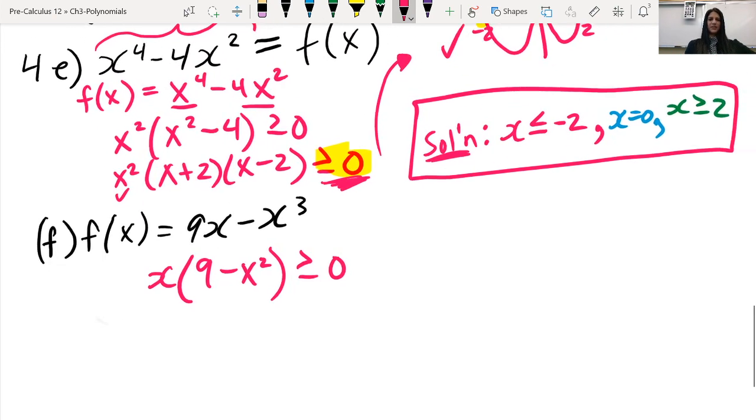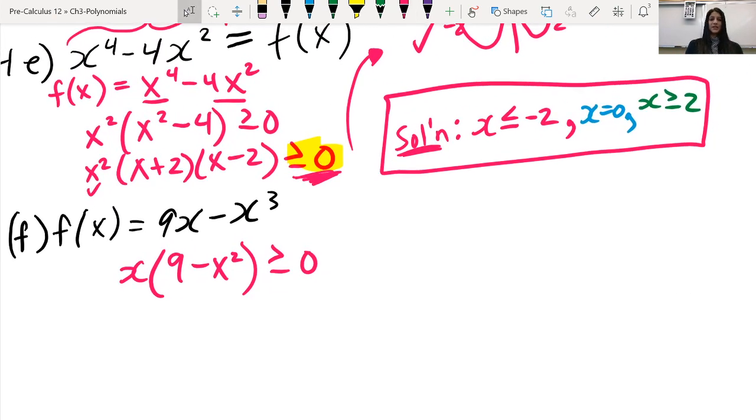Notice the pattern, we're doing exactly the same thing as in the last question. I'm going to take this factoring a step further. You don't have to do this, but I feel it makes it easier. I don't like that it's 9 minus x squared, so let's factor out the negative. Let's make it negative x, and swap these, so it would actually be x squared minus 9 when I factor out the negative.